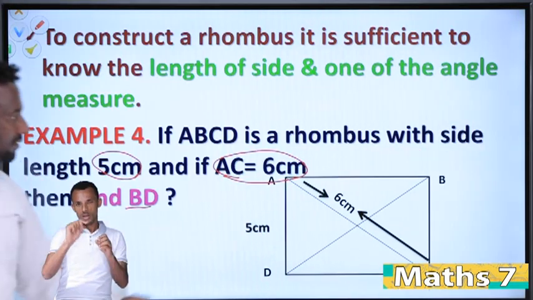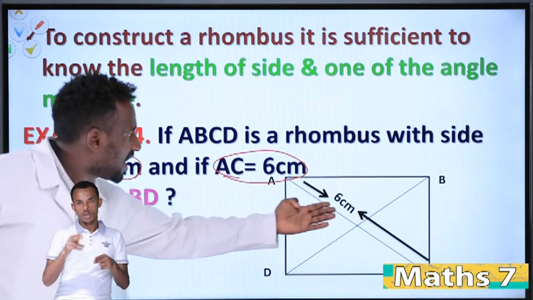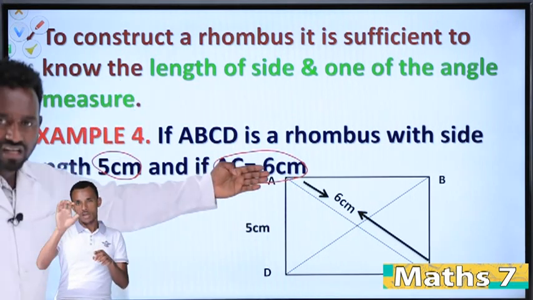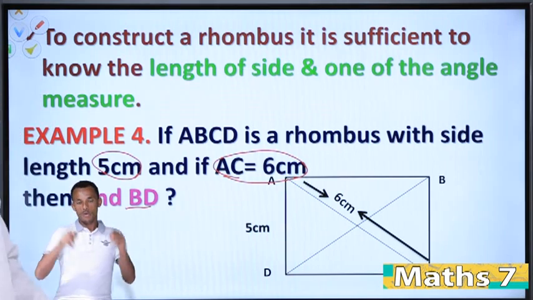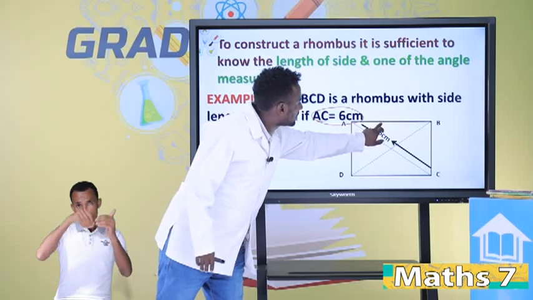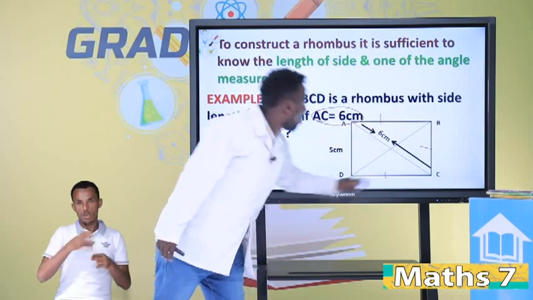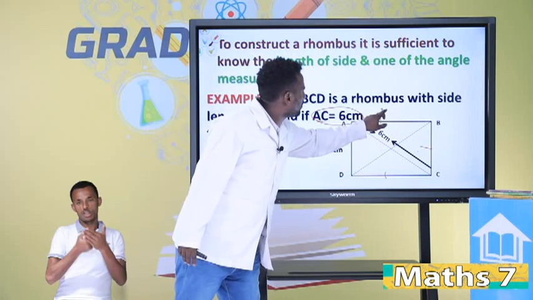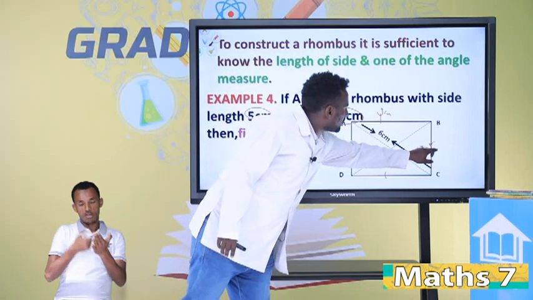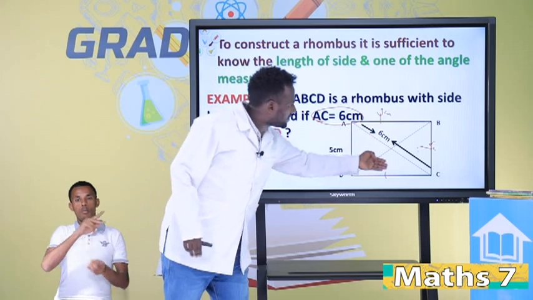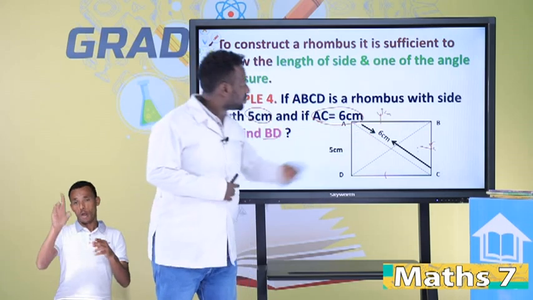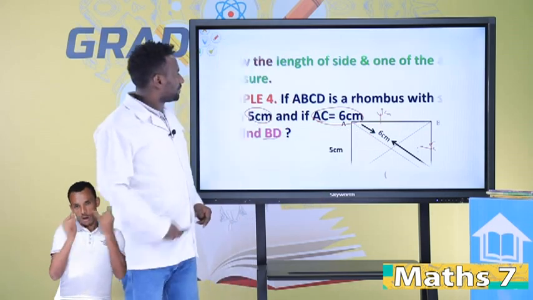In the given rhombus ABCD, the diagonal is 6 centimeters and one side is 5 centimeters. That means all the sides of the rhombus are congruent, so this is 5 centimeters, again 5 centimeters. Also by the property of a rhombus, the diagonals bisect each other, so they are divided into equal parts.